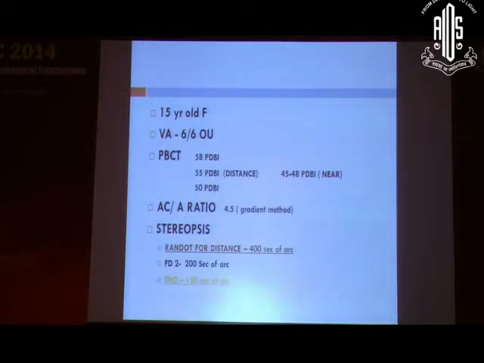Another test that is routinely done for testing the distance stereo acuity is the FD2. Now FD2 is a common term generally used for the Frisby-Davis distance stereo test, in which we have 4 geometric figures on a translucent sheet fixed onto a transparent sheet with the help of rods.